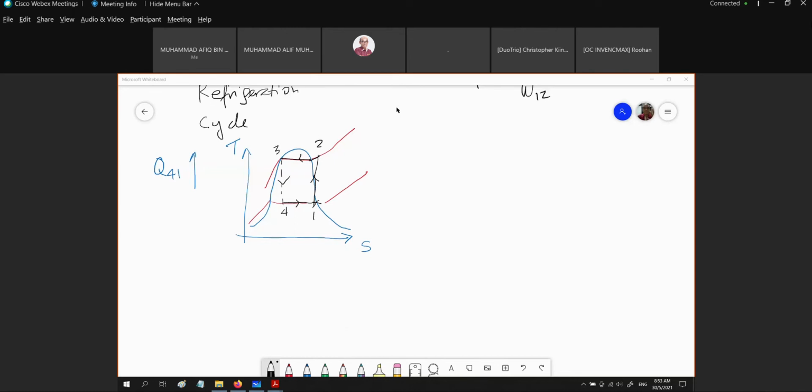Okay, guys, so this is the first modification we are going to do, to increase the Q41.